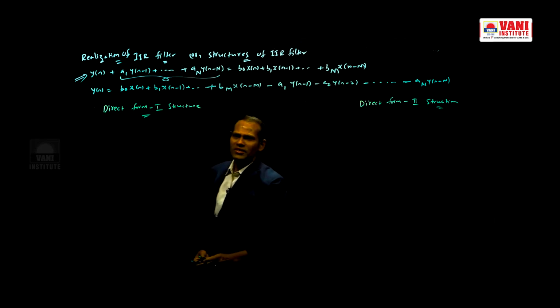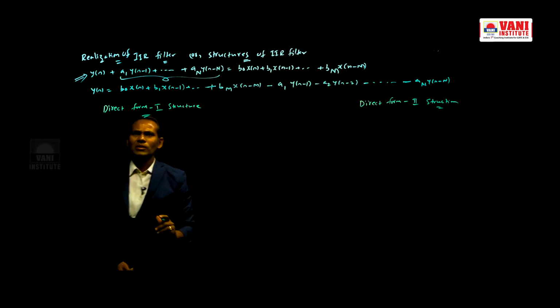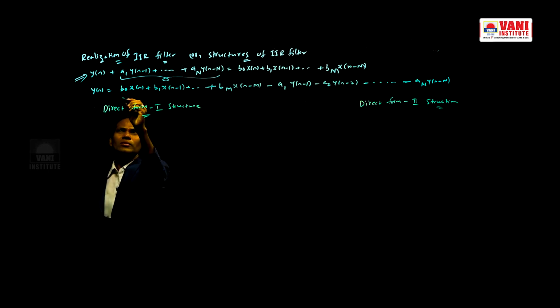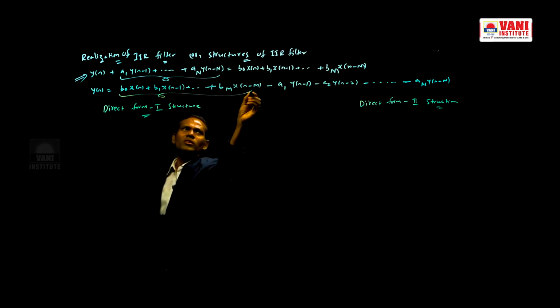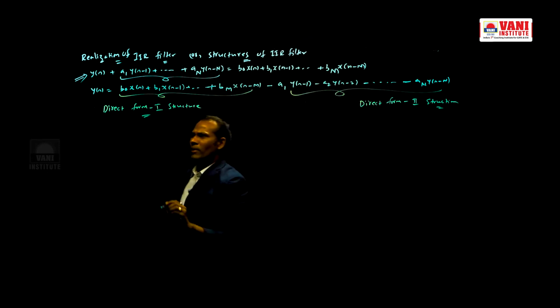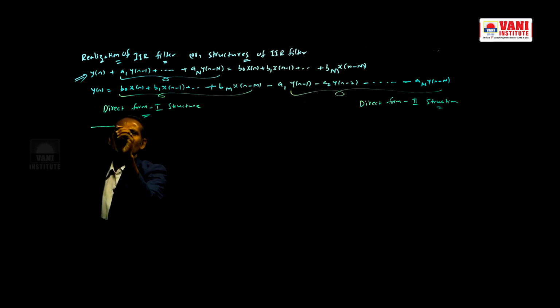Now we will see the implementation of this one using direct form 1 structure. So y of n depends on the input and the previous output. So take x of n, multiplied with b0.